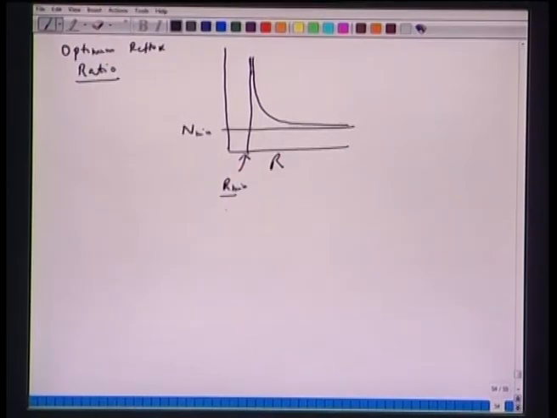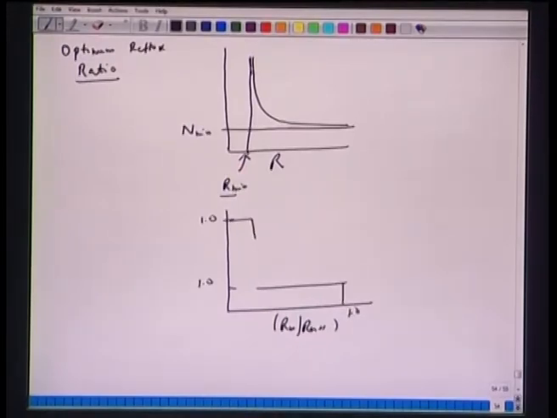And equivalent to this, one can also plot R over R plus 1. So, a similar curve, we were trying to represent in different ways. 1, here we have 1, here we have this 1. In this case, we have this point here, which is R m over R m plus 1. So, it is the minimum reflux ratio, all right.